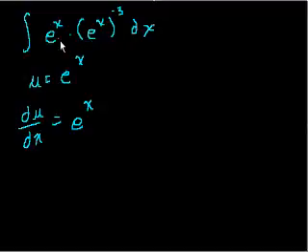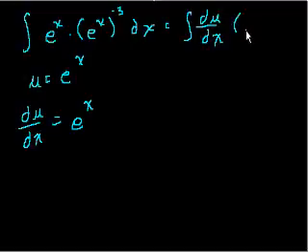So if we rewrite this top integral, this is just equal to, I won't switch this time, du dx times u to the -3 dx. And I know what you're thinking, Sal. Well, du dx is e to the x, u is also e to the x. Why didn't I substitute it the other way around?